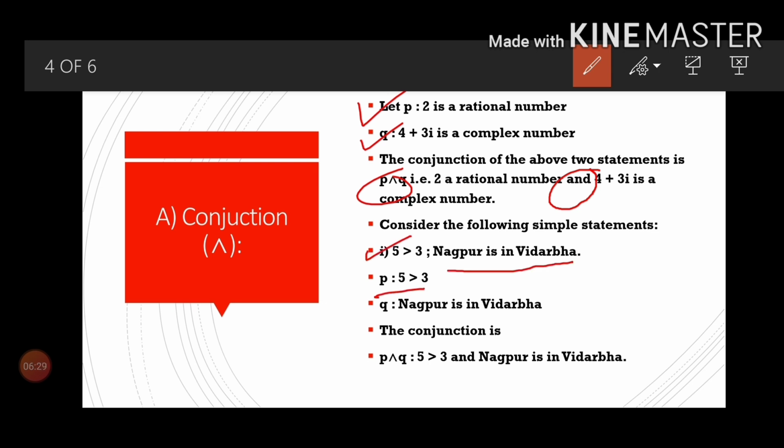Second, let the statement be denoted by Q: Nagpur is in Vidarbha. The conjunction is P and Q, because the first statement is P and the second statement is Q. So joining with the conjunction symbol, P and Q: P greater than 3 and Nagpur is in Vidarbha.